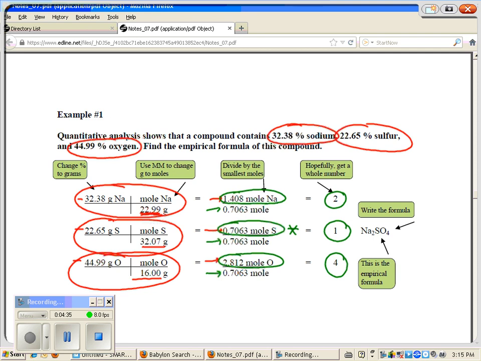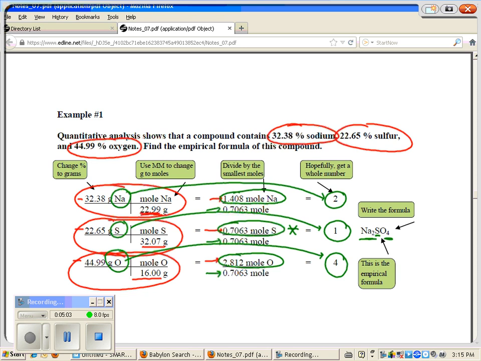If they are whole numbers at this point, then I can take those numbers and they become subscripts. Na now has a subscript of 2, S now has a subscript of 1, and oxygen now has a subscript of 4.